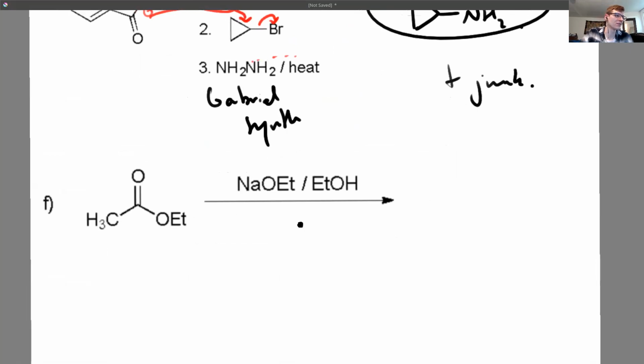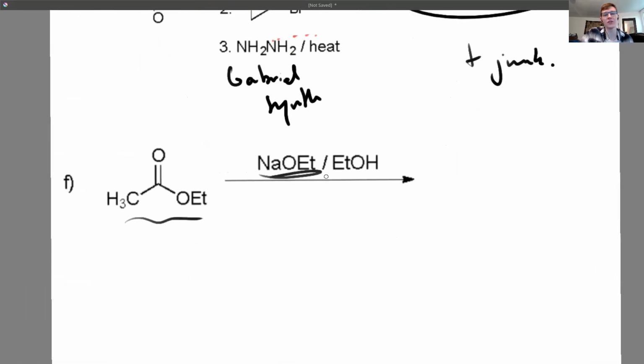Okay, so we have an ester here, and we have sodium methoxide. What is going on here? What reaction altogether? Hydrolysis of the ester? Well, let's say there's no water at all here.